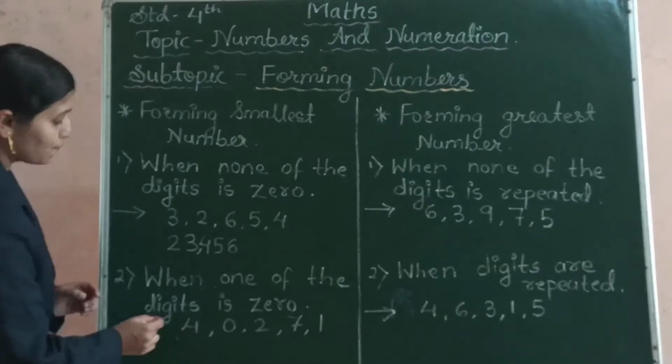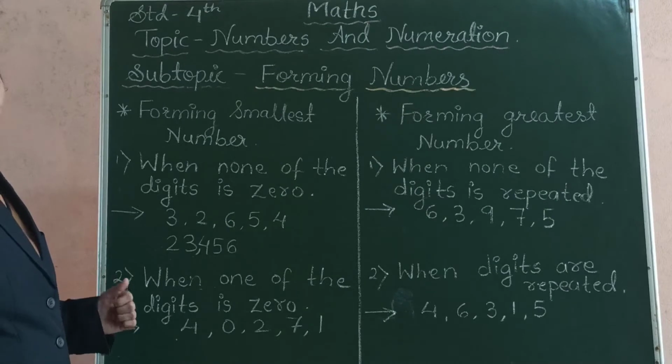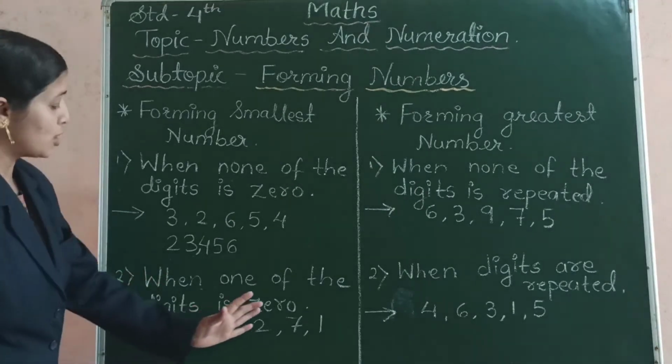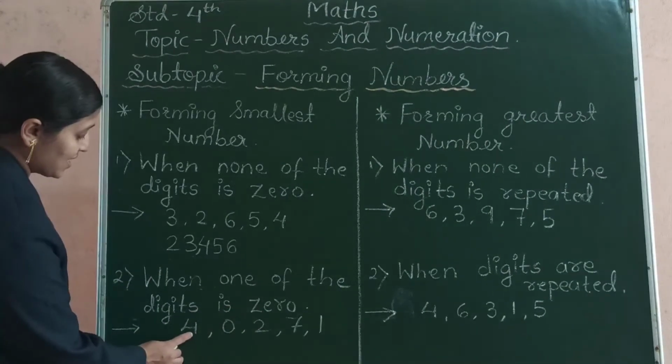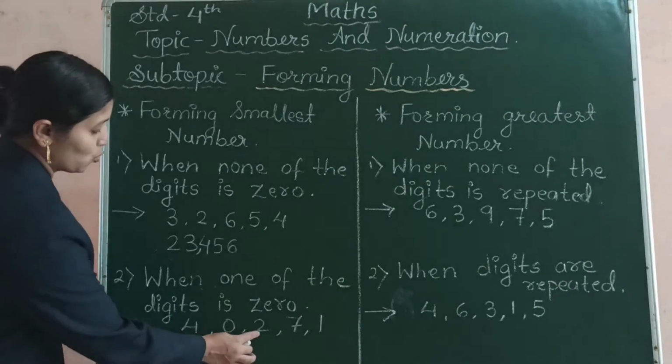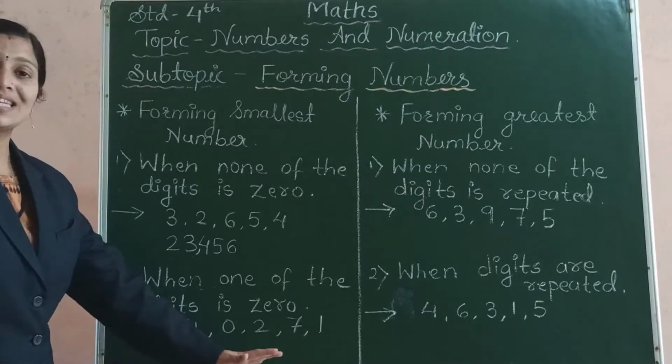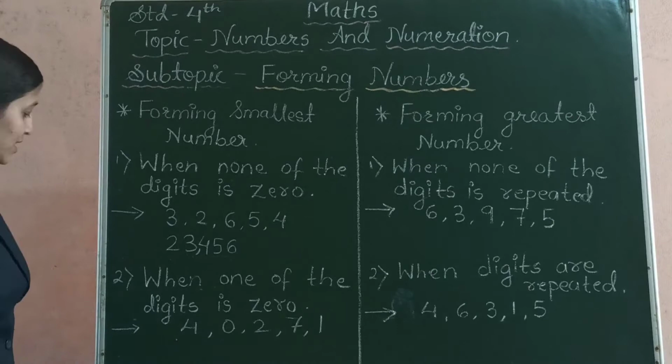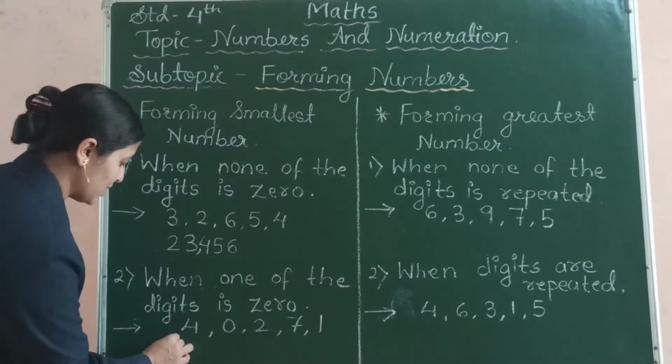So for the first digit from the left, we will find out which is the smallest digit. You can see here the digits are 4, 0, 2, 7, 1.